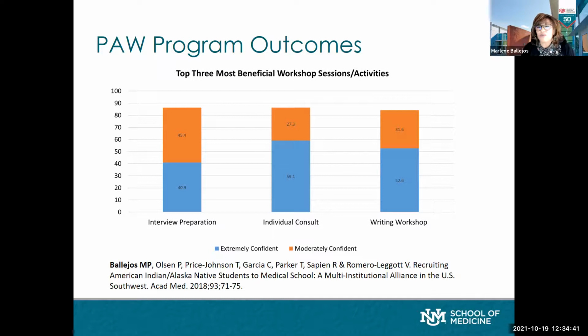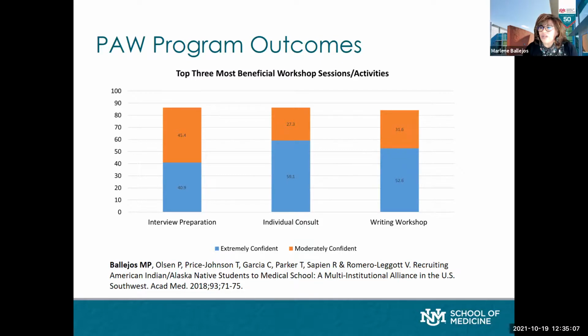We also had a writing workshop every year, which provides them an opportunity to highlight their personal statement and integrate their story into it. Another thing we found is that the greatest medical school application challenge for these participants, number 1, was the MCAT. 33% indicated the MCAT was their biggest challenge.